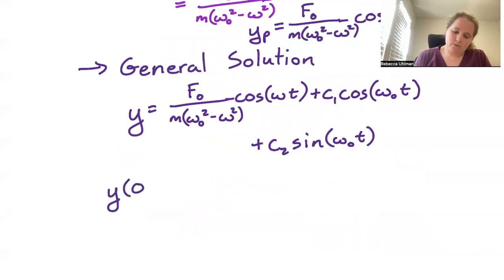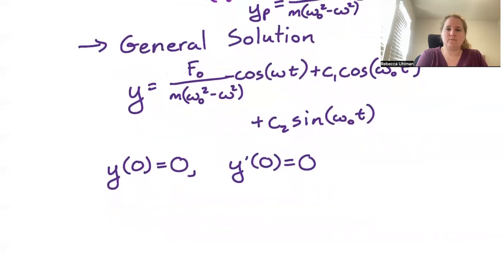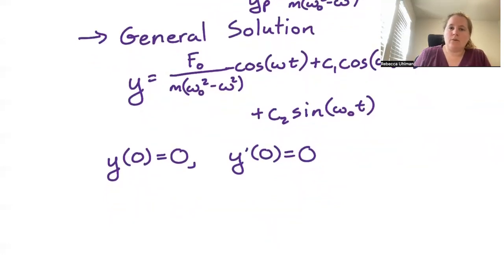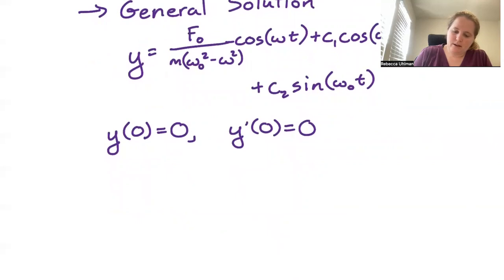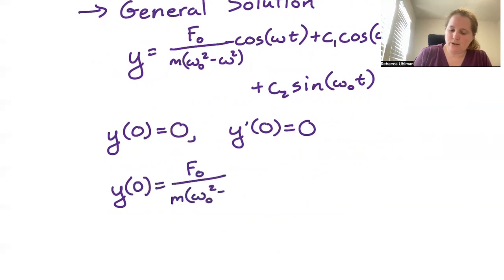So y of 0 is 0 and y prime of 0 is 0. What we get then is that y of 0 would be f naught over m times omega naught squared minus omega squared times 1 plus c1, and then the rest would become 0.